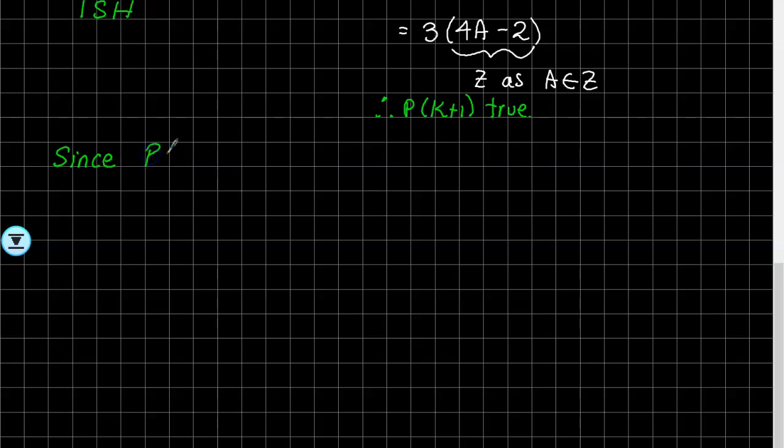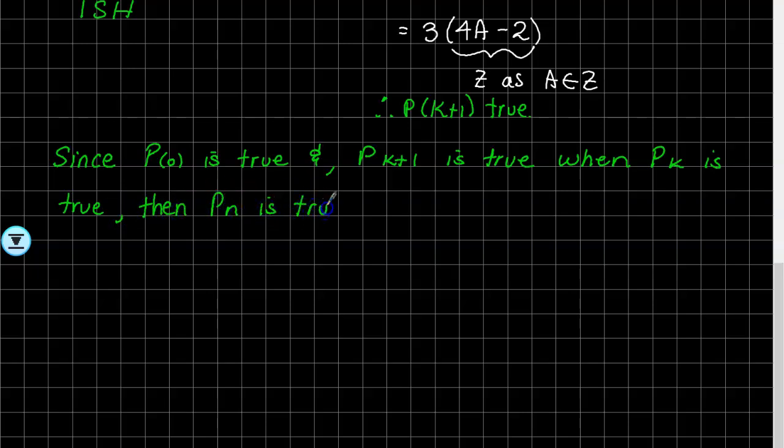Since, first thing, P naught is true, and pk plus 1 is true when pk is true, then pn is true for all n greater than or equal to 0.